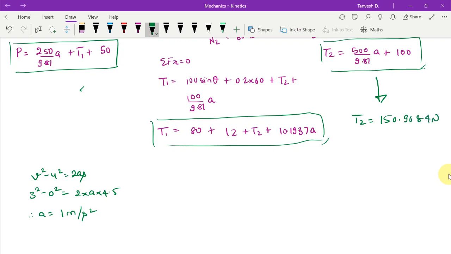.9684 newtons. T2 we know, A we know, we can find T1. So T1 is how much? T1 is 253.1621 newtons. T1 we know, we can find P also now.